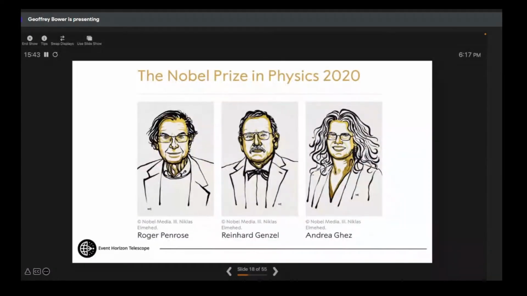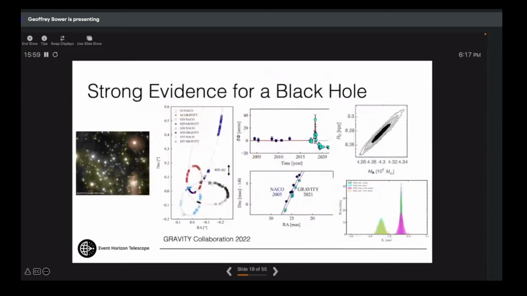And of course, the study of stars in the Galactic Center led to the Nobel Prize for Reinhard Genzel and Andrea Ghez 2 years ago for their work studying the motions of stars around Sagittarius A star.